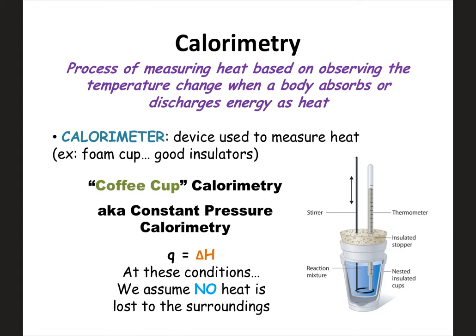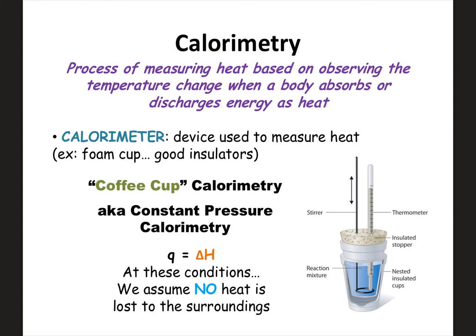The idea is that we're not going to lose any heat to the surroundings because of these foam cups being good insulators. All you're doing is mixing two things and measuring the temperature of the reaction. That's calorimetry. It's literally just measuring the temperature change of a reaction, a beginning temperature and an ending temperature. A lot of times we might call this coffee cup calorimetry.